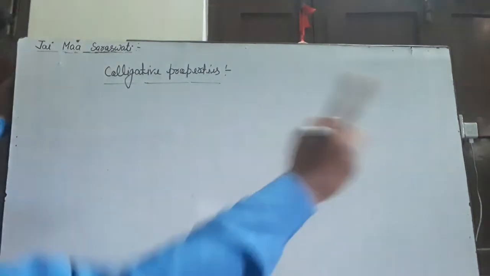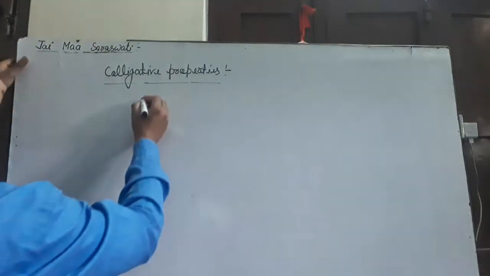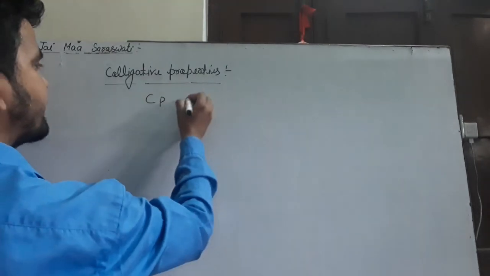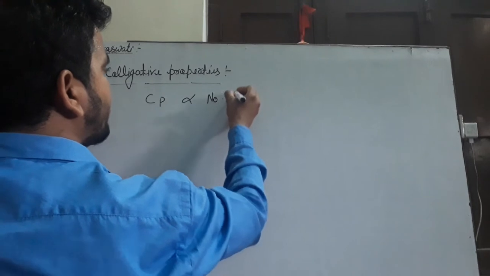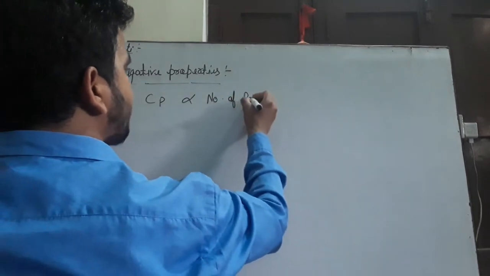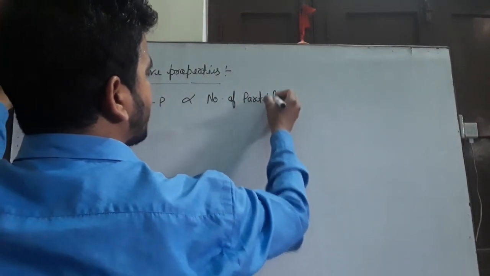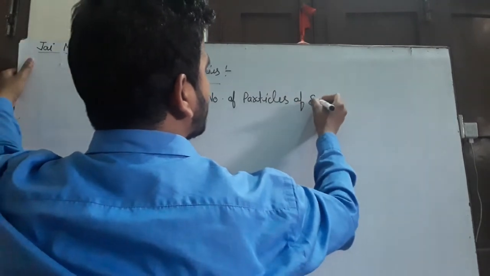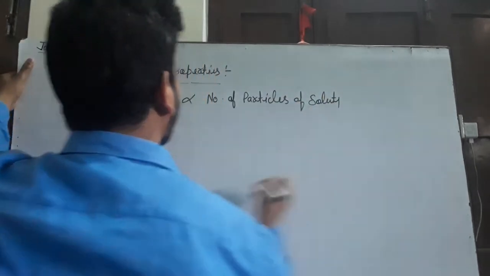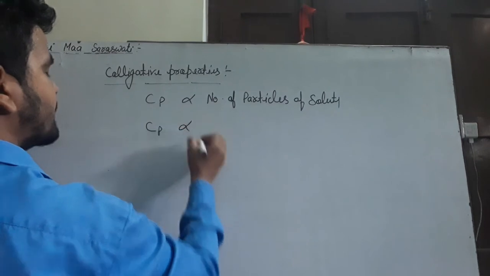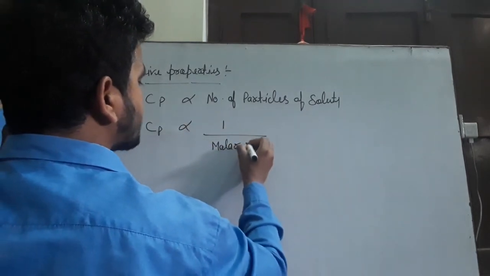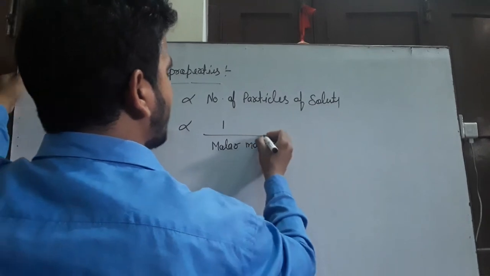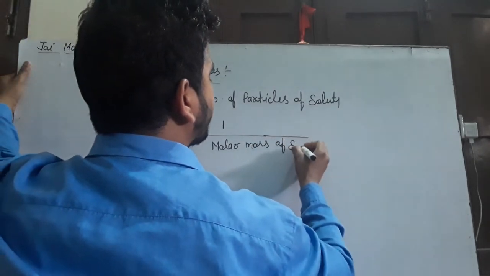Okay, so dear children, there is a relation. Colligative property, denoted by Cp, is directly proportional to the number of particles of solute, and it is inversely proportional to the molar mass of solute.